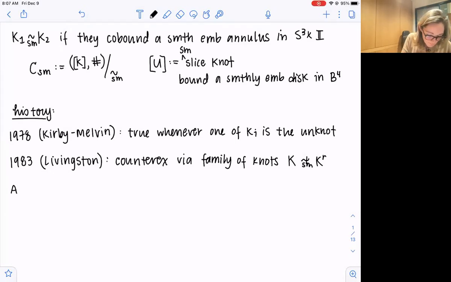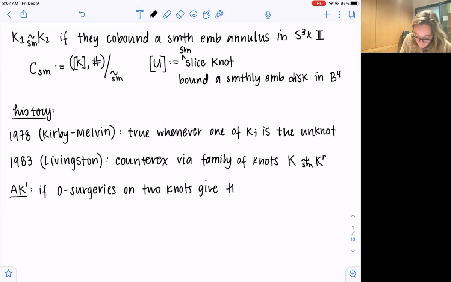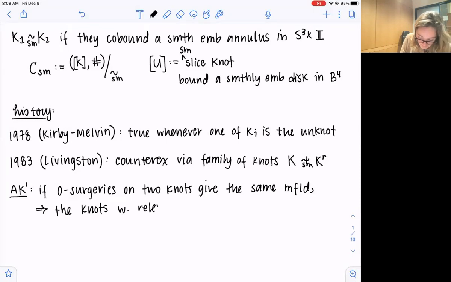So then it was popular to think about this sort of abridged conjecture. Now we'll ask AK prime, meaning just the original conjecture with a little bit of an adjustment. We say, okay, what if the zero surgeries on two knots give the same manifold? Does this then imply that the knots with relevant orientations are concordant?